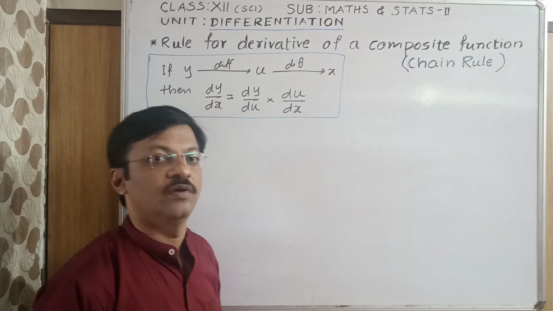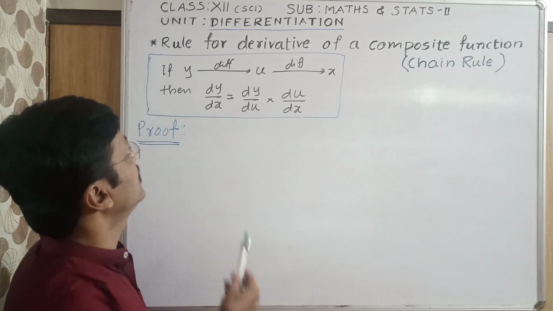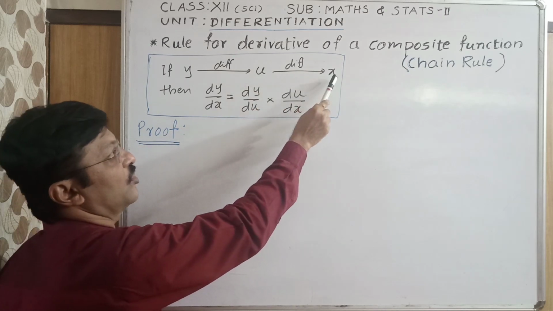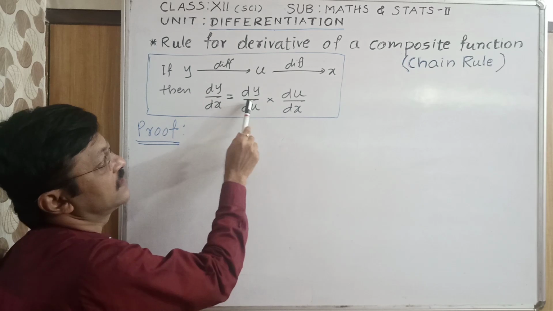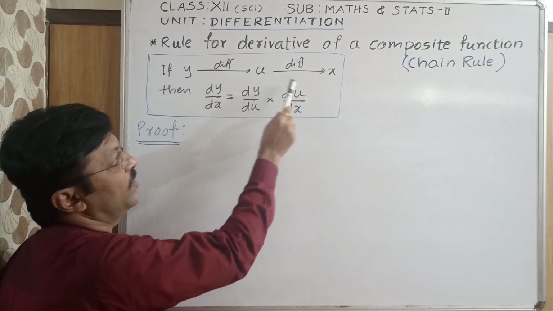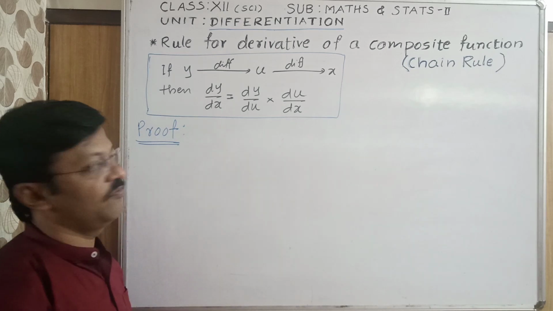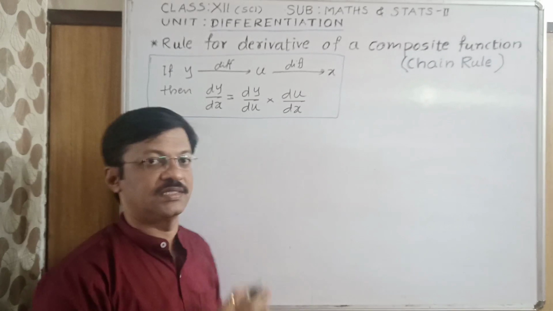We just saw the statement of chain rule, which is written in short like this. If y is a differentiable function of u and u is a differentiable function of x, then y is a differentiable function of x, and dy by dx is dy by du into du by dx. So let us prove this rule, and for the proof we have to make some initial steps.